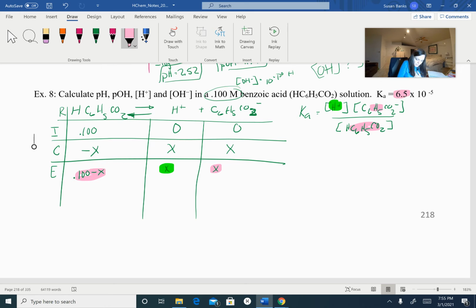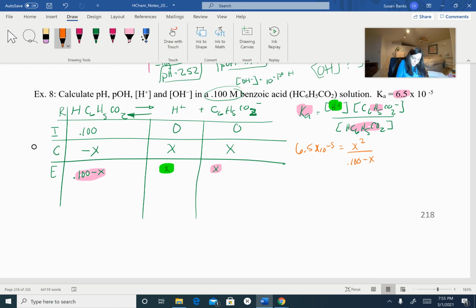And my constant goes here. So here we go. My Ka, 6.5 times 10 to the negative 5, is going to be equal to X times X, which is X squared, all over 0.100 minus X.